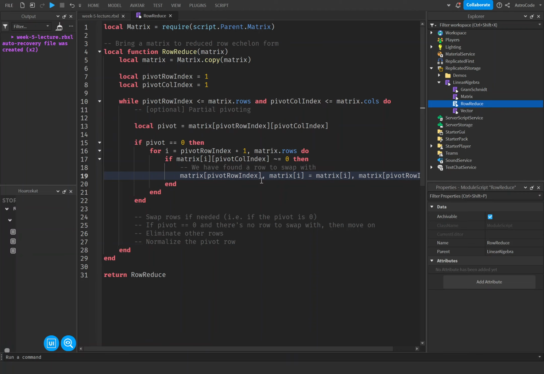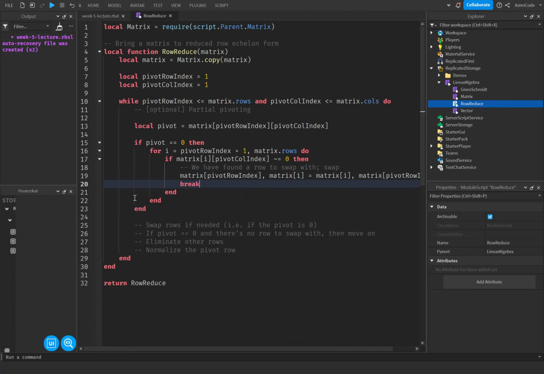That should work. Okay, so that addresses the case where, and let's also break at the end. So we found a pivot, which is bad, or no, our pivot is 0, but we found a row to swap it with, which is good.